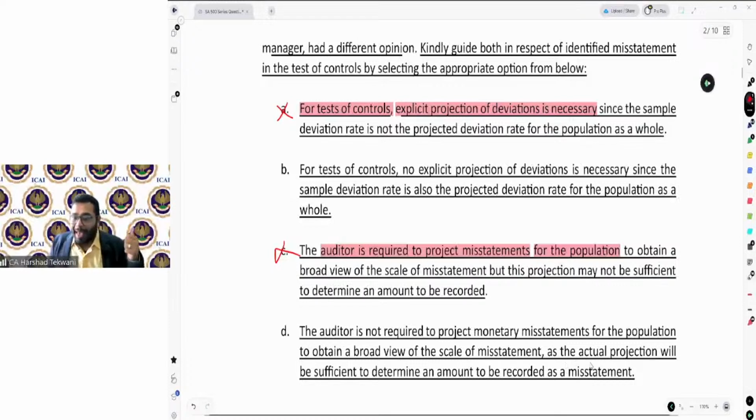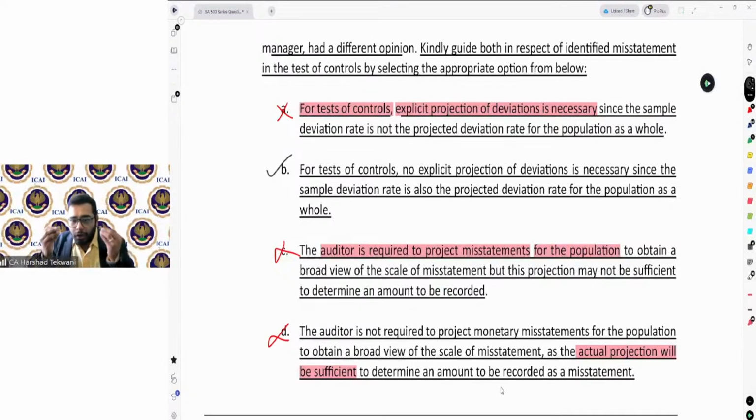Number 2, if you read the second line, as the actual projection will be sufficient. Again, projection is not required in the test of controls at all. If you see projection, it's wrong. Projection will be sufficient? No, we are not required to do projection. Incorrect. So the correct option is B.